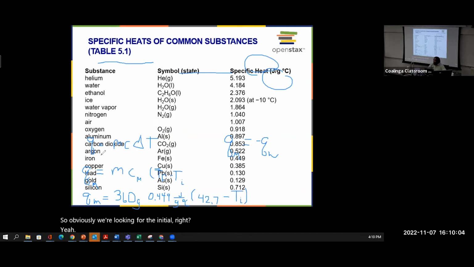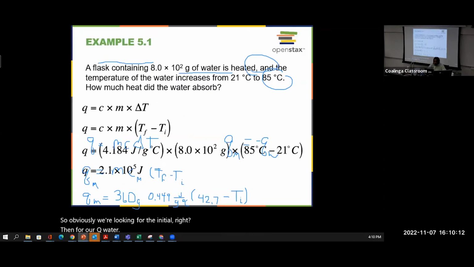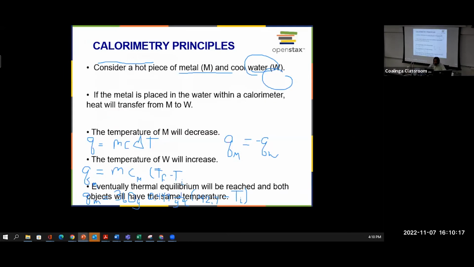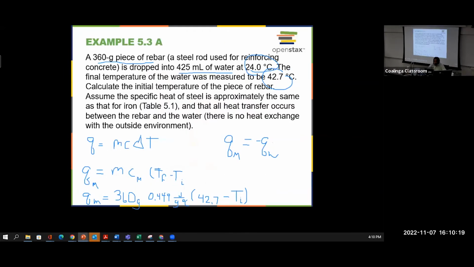Okay, so then for our Q water, that's going to equal the mass of the water.